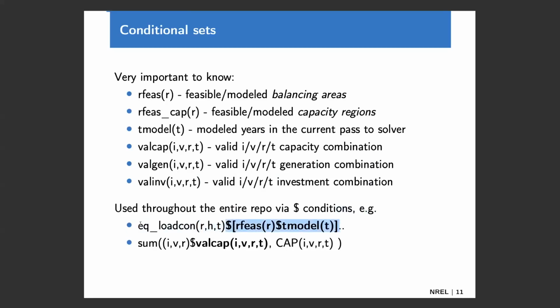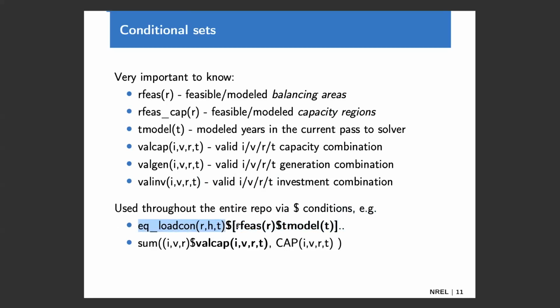So our equation load constraint, the first equation in the C supply model file, says populate this equation if that's a feasible region we're modeling and if you're modeling this time period. So only populate this constraint if these are true.